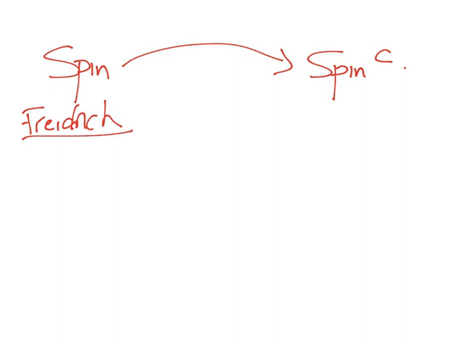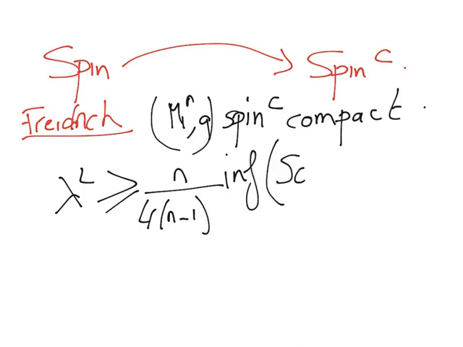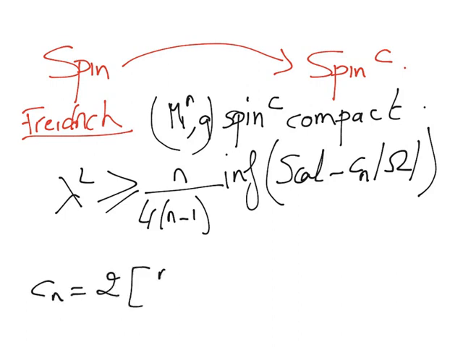Under the same condition, if you have a compact spin C manifold, then any eigenvalue of the spin C Dirac operator is bigger or equal to n over 4(n minus 1) times the infimum of the scalar curvature, minus C_n times the norm of the curvature 2-form of the connection associated with the auxiliary line bundle defining the spin C structure, where C_n here is the following constant: the square root of the integer part of n over 2, and of course the norm of omega is with respect to the metric g of my manifold.